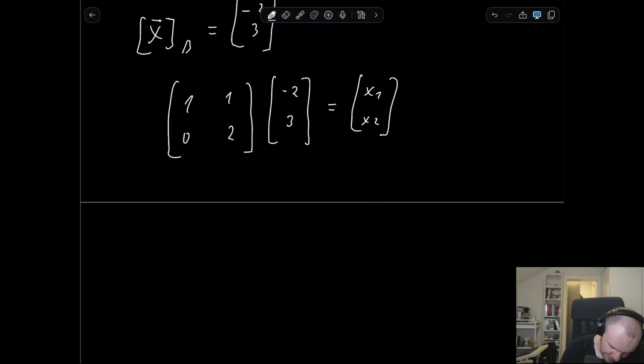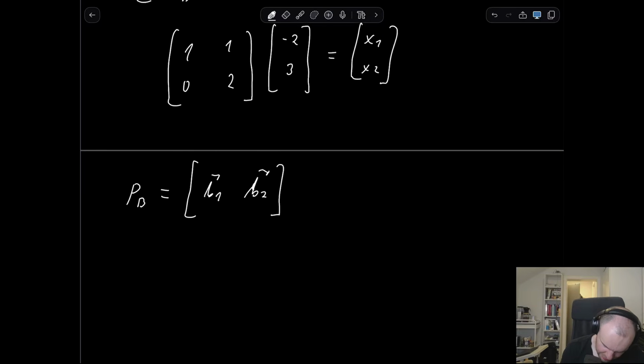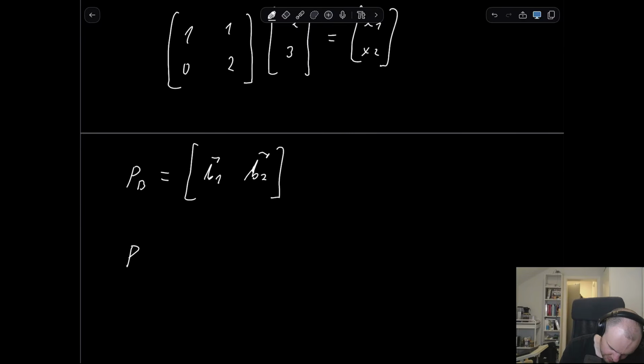Because then I could state that there's some matrix PB, which is equal to B1 and B2, right? Yes. That should be pretty clear. And then I could state that PB, do I want equal?